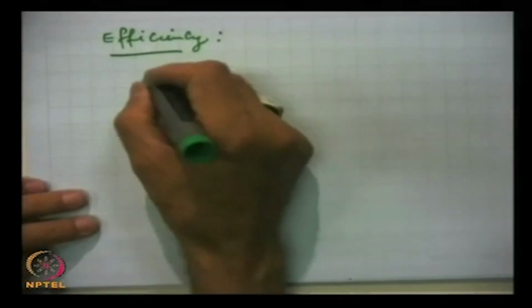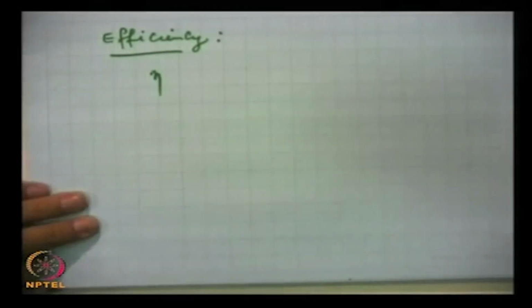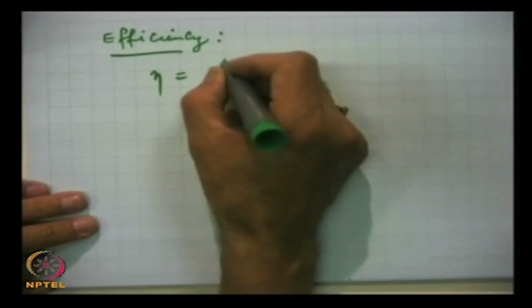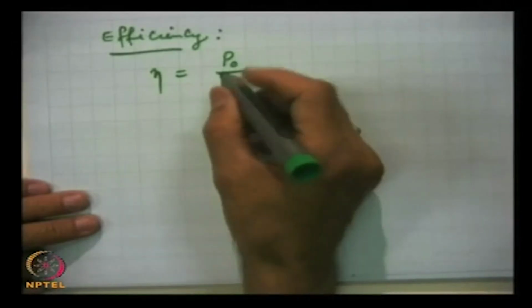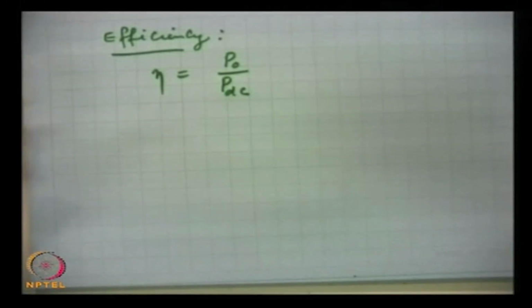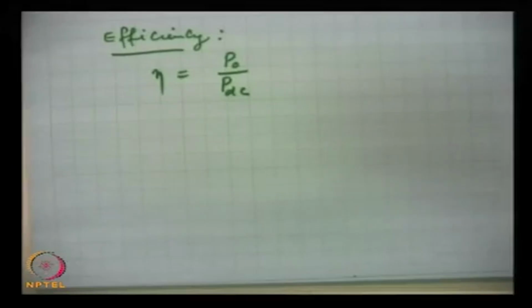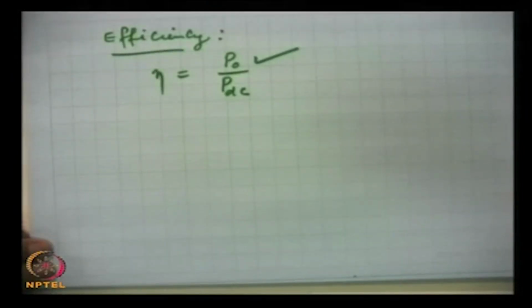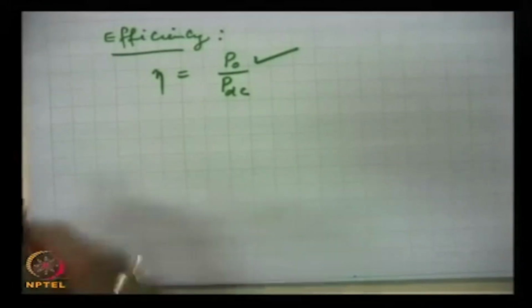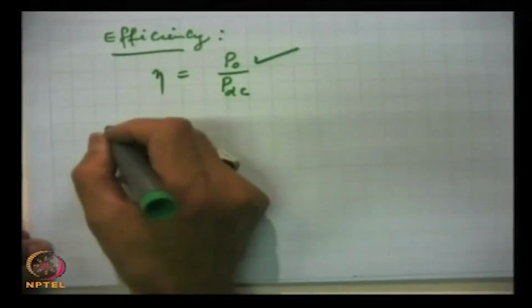So, conversion efficiency, which we write as eta, is equal to PO, the AC output power, by the DC power, and when it is to be expressed as a percent, we multiply this by 100. This we have already found out, the maximum output power. What will be the PDC?